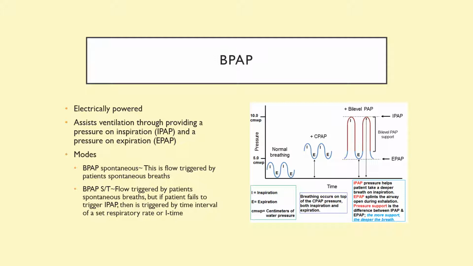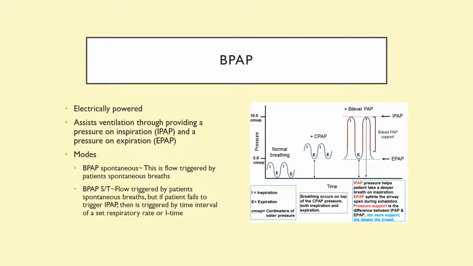So in the picture to your right, you can see three different examples. On the picture on the left with the blue wavy lines, that's normal breathing, somebody who is not on a CPAP or advanced mode. They're just breathing in and out, inhalation, exhalation.